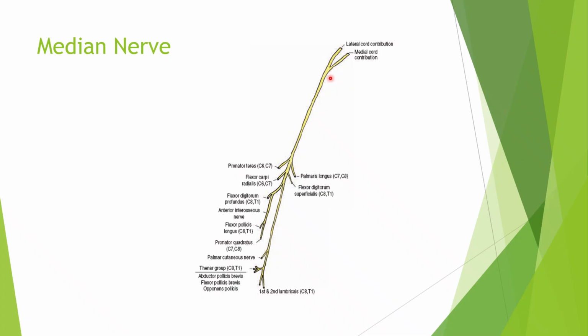The median nerve does not supply any muscles in the axilla or the arm. It enters the forearm through the pronator teres. It gives off a deep branch, the anterior interosseous nerve. The superficial branch of the median nerve will supply all the flexors of the forearm except flexor carpi ulnaris, which is supplied by the ulnar nerve.